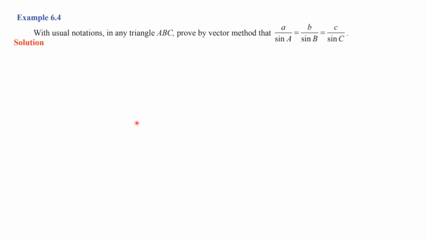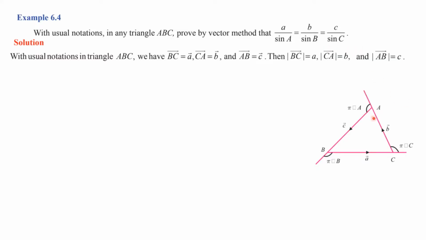In the next problem, with the usual notations, in any triangle ABC, prove by vector method that a by sine A is equal to b by sine B is equal to c by sine C. So let's consider the triangle A, B and C with vector A, vector B and vector C, and the angles as pi minus B, pi minus C and pi minus A. Then we can define their magnitudes: magnitude of vector BC is a, for CA it's b, and AB is c.